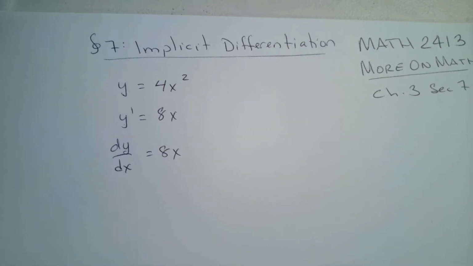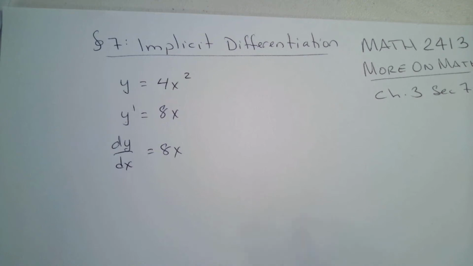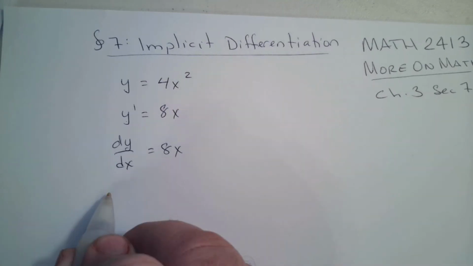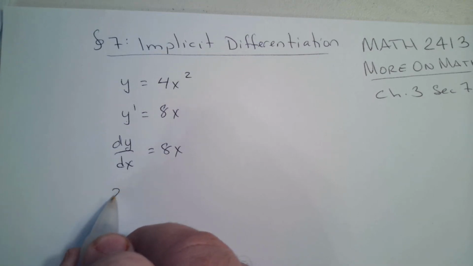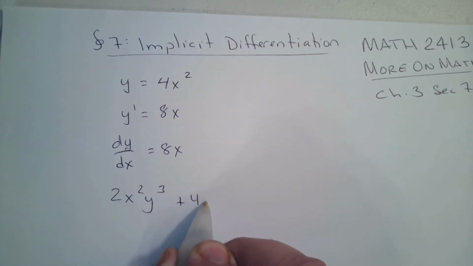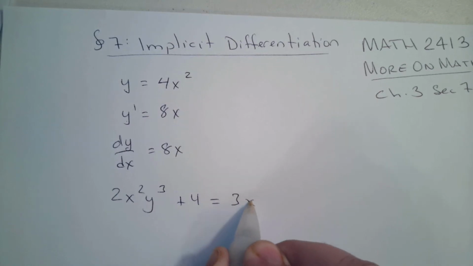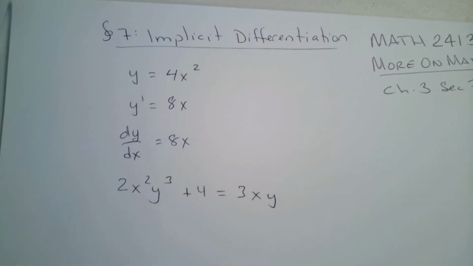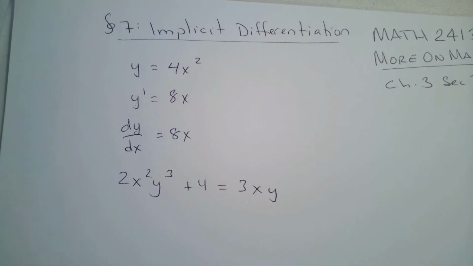But now we're getting to a realm where x and y do not need to be separated. They're going to be in the same arena. So we're going to look at equations that could be like this, where x and y are scattered throughout and we can't separate them. So that's what implicit differentiation is all about.